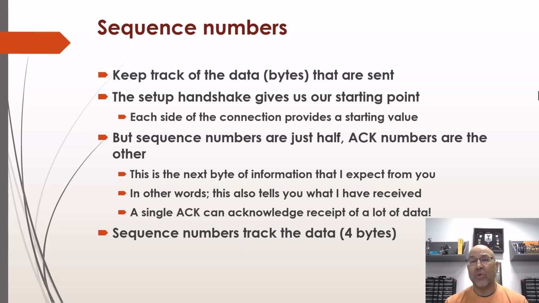I send you one TCP packet with the ACK flag set and an acknowledgement number of 3001. And what that means is that I got all those 3000 bytes. The next thing I expect from you is sequence number 3001. Now, if I send you an acknowledgement number of 2001, that means that I didn't get the last 1000 bytes or that I wasn't able to process it.